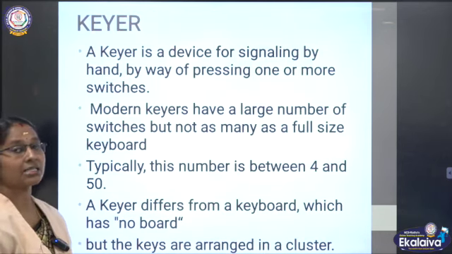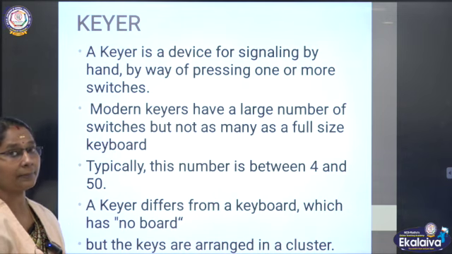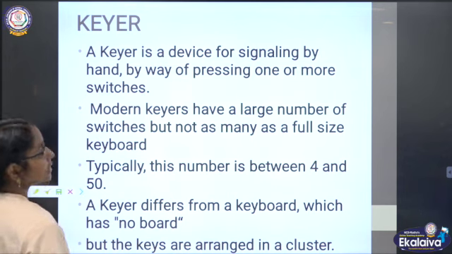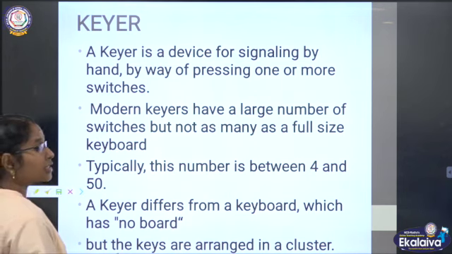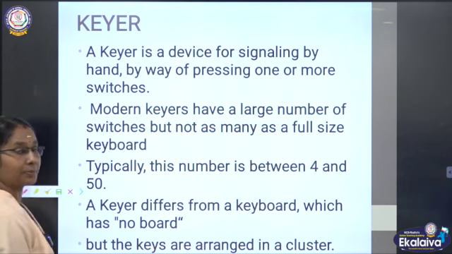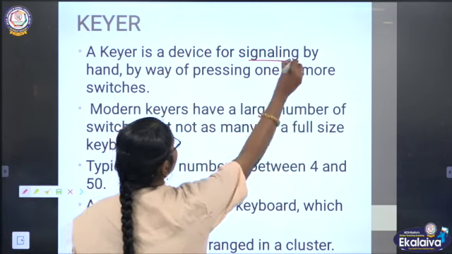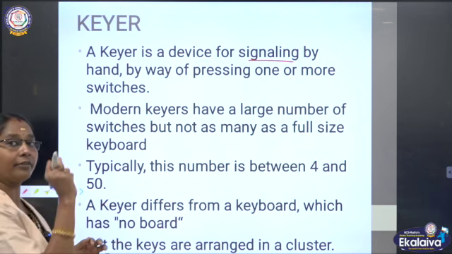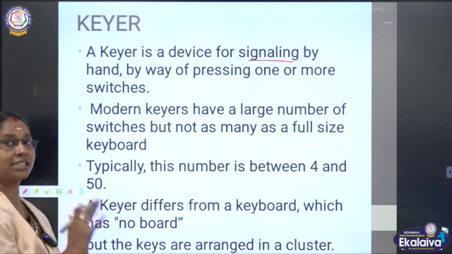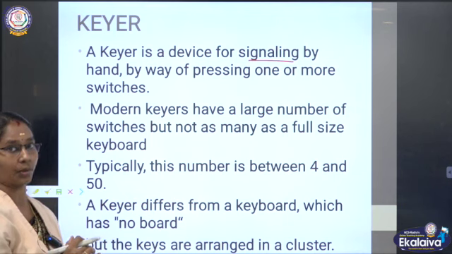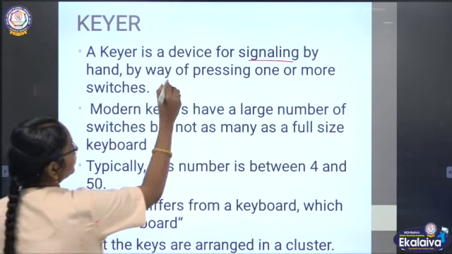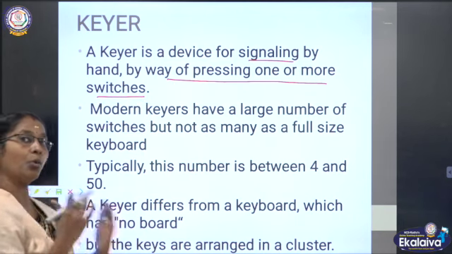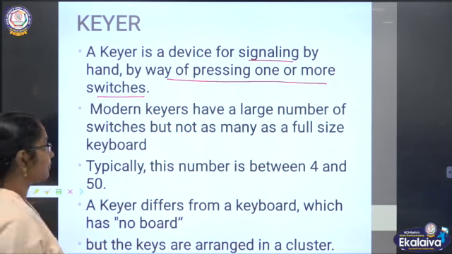Next, the last input device, we call it a keyer. It is also an input device. It is used mainly for signaling purpose, and it is used by our hands only. It is different from our normal keyboard in the way of pressing one or more switches. We can have more keys on a keyer.